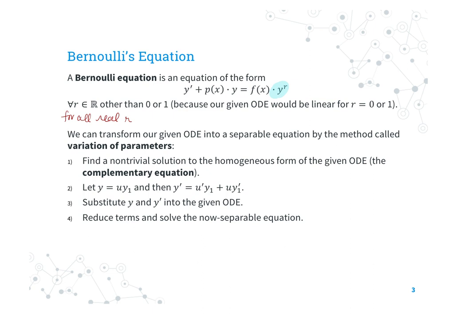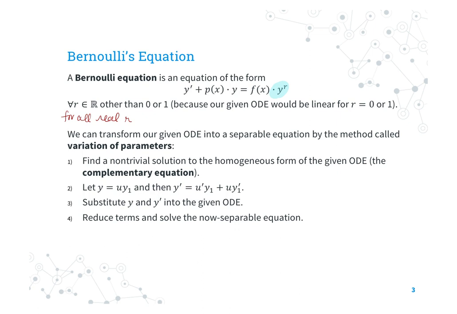And then we can find the derivative y prime through the product rule to be u prime y1 plus u y1 prime. And then we'll simply go back and substitute the y and the y prime that we just found in terms of u and y1 into our ODE as given, with the right non-homogeneous part included.